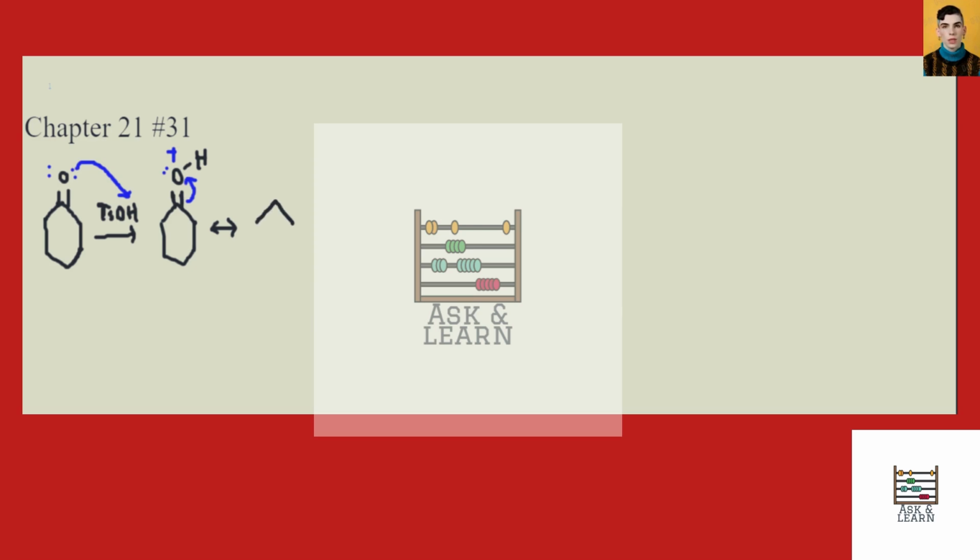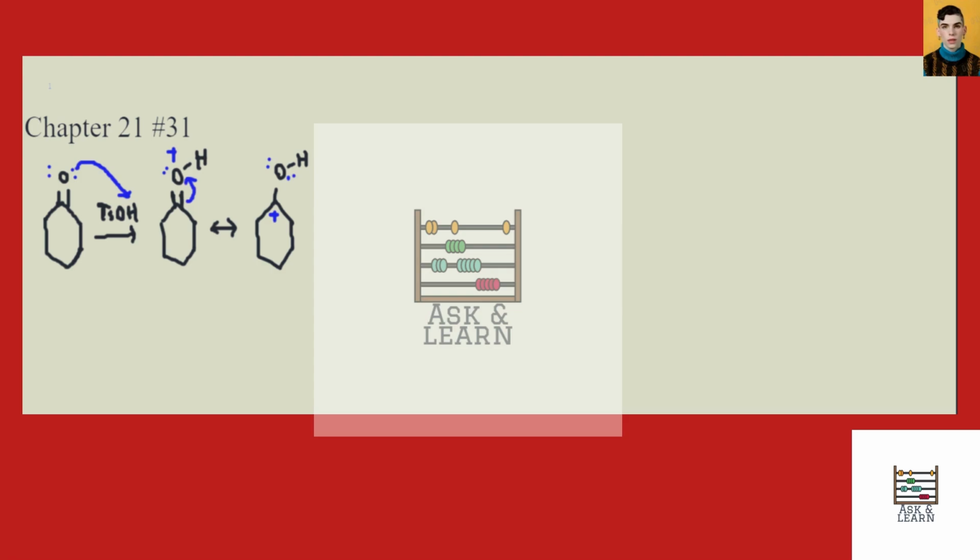And so we have this resonance structure where we have an alcohol here now and two lone pairs on the oxygen and a positive charge on the carbon that the oxygen is attached to. So the positive charge is on that carbon now.